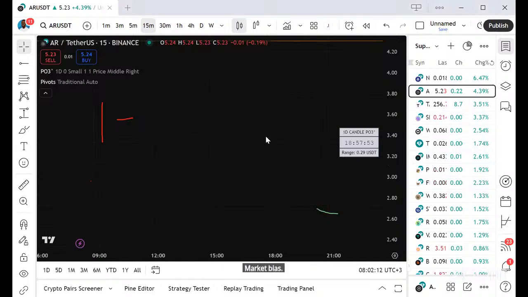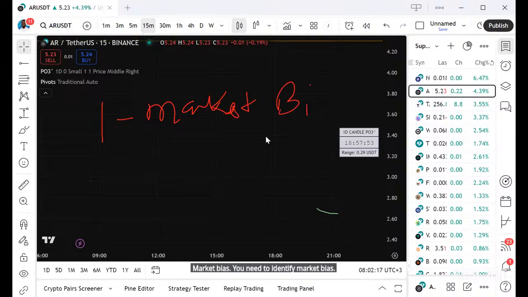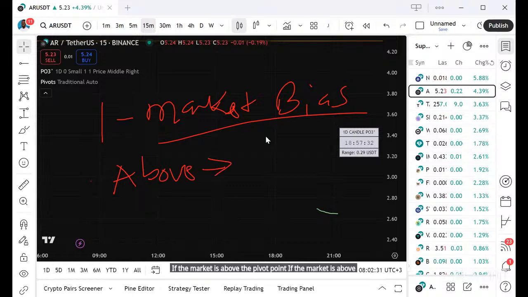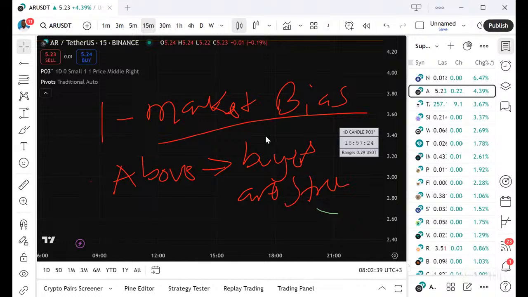For example, if the market is above the pivot point, buyers are stronger. If the market is below the pivot point, sellers are stronger.